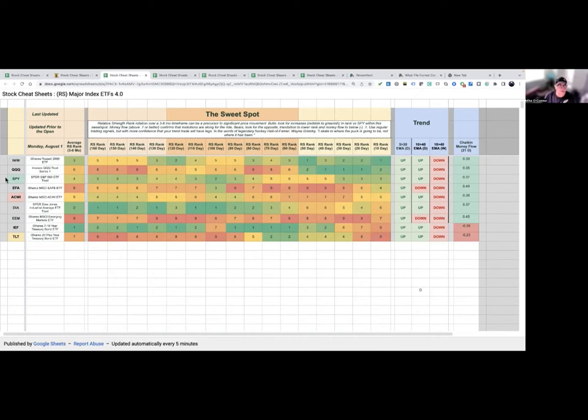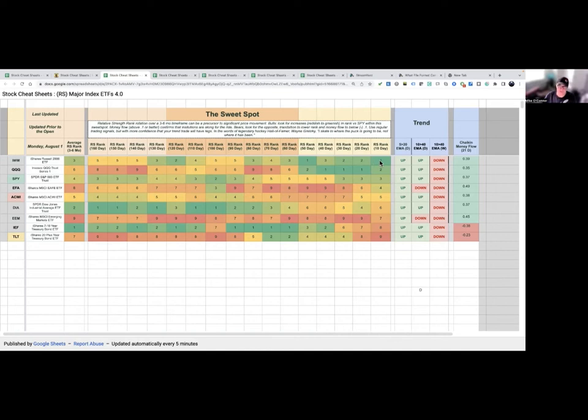So the way to read this is that in the last 10 days, the IWM, which is the Russell 2000 small cap stock index, has been, are we going up or down in price? Well, lately we've been going up in price, increasing in price at a faster rate in comparison to SPY. That is the general stock market.